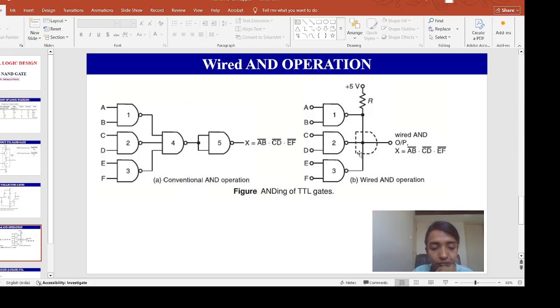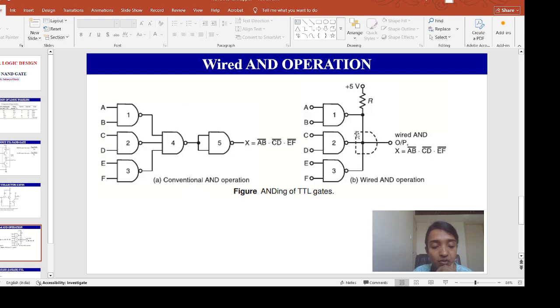Now, the common output will be in high state only when all the gate outputs are in high state.